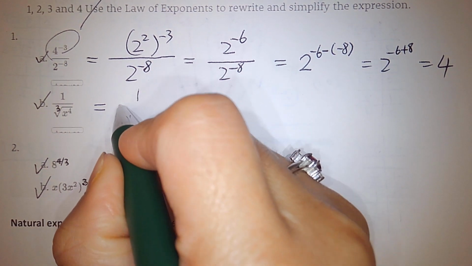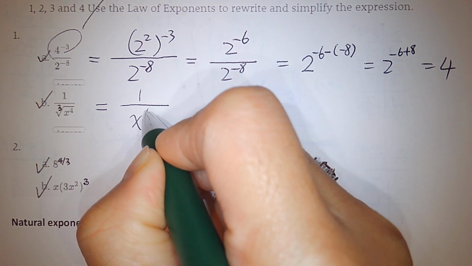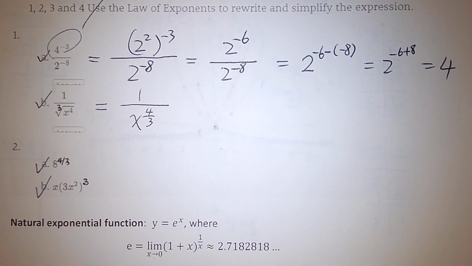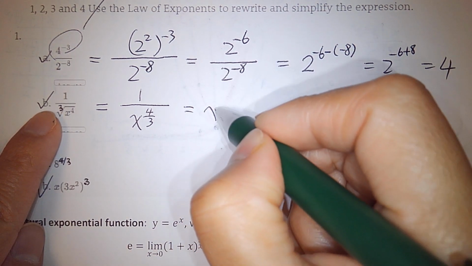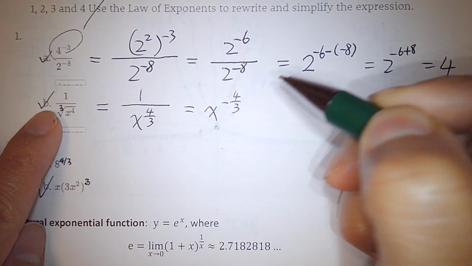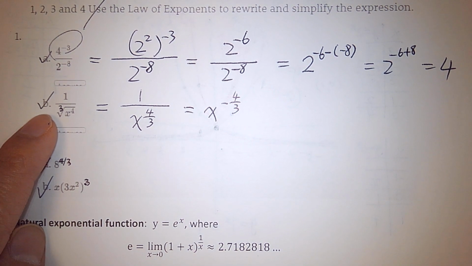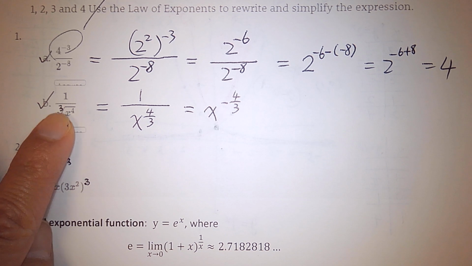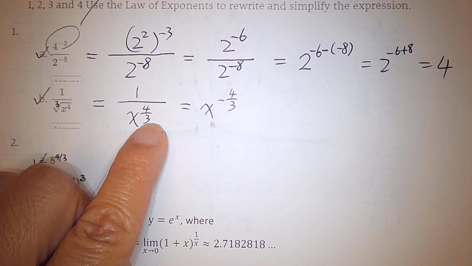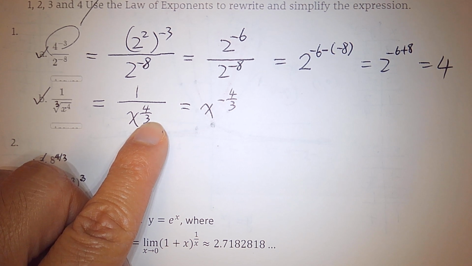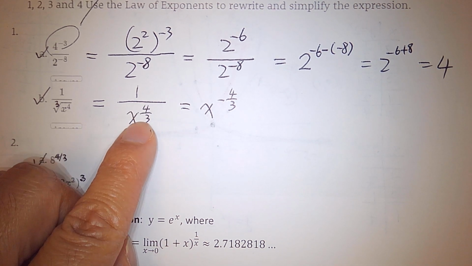Do you want to get the radical out first into the fraction? Yes, x to the 4 over 3. I was trying to do it the other way around, it wasn't working. And then, since it's a reciprocal, we can say it's x to the negative 4 over 3. Agree with Dakota, everybody? First, cube root of x to the 4th: the index of the radical is always going to be the denominator of the rational exponent.